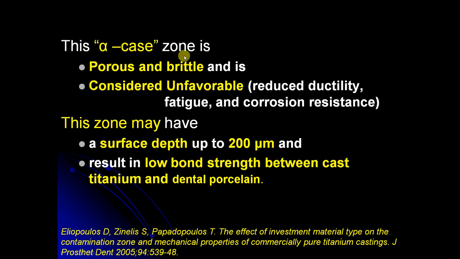This alpha case zone is porous and brittle and is considered unfavorable because it reduces the ductility, fatigue and corrosion resistance. This zone may have a surface depth up to 1200 micrometers and result in low bond strength between the cast titanium and dental porcelain.